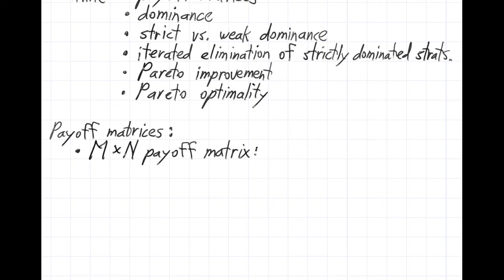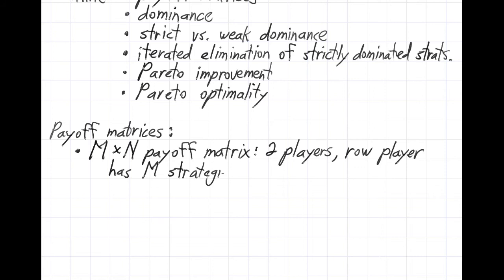When you see M by N, what that means is that there are two players. Let's say that we call them the row player and the column player. And the row player has M possible strategies available to them, and the column player has N strategies. So that's what makes it possible to write down a payoff matrix.